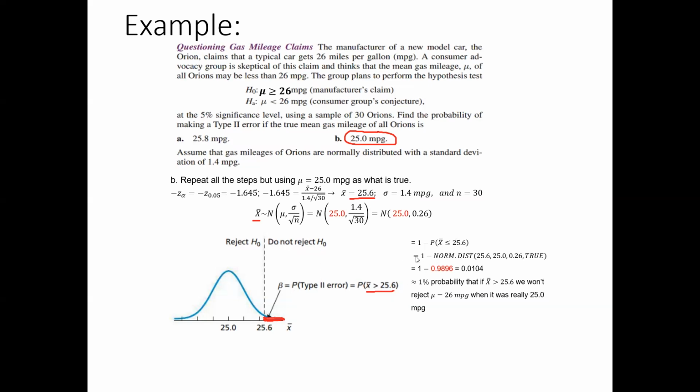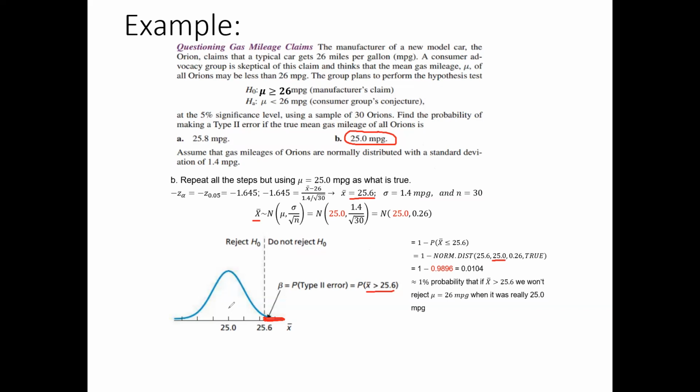And to determine that in Excel, we have to do 1 minus the normal distribution of everything to the left. But now the difference is that we've used a different normal distribution.